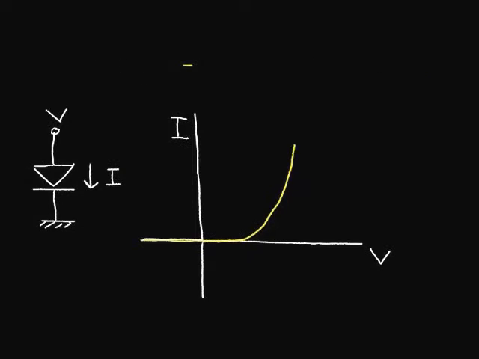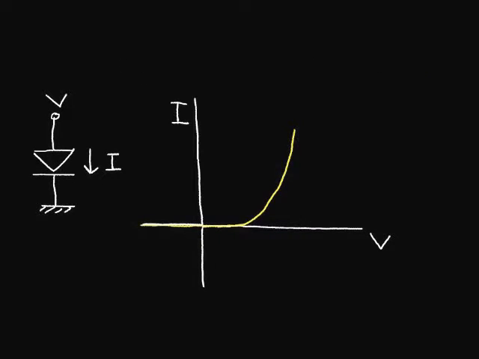Now if we don't have any light shining on this diode, we can plot the voltage versus current. We'll say this is ground or 0 volts. So let's plot the voltage at this terminal and the current through the diode that we'll call I. So we'll plot I on this axis, voltage on this axis.